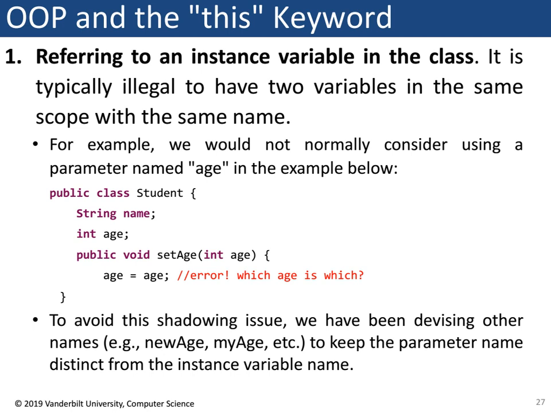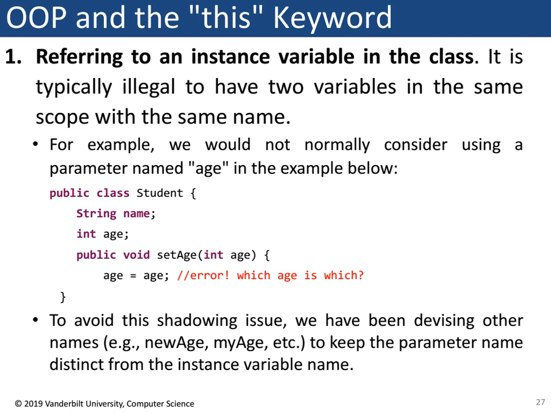However, we can have an instance variable which exists at the class scope and a parameter declared for a method which will exist in the scope of this method. And Java will be okay with this. This is no problem. But which one are we going to refer to then? Inside this method, if we say age equals age, which age are we referring to?